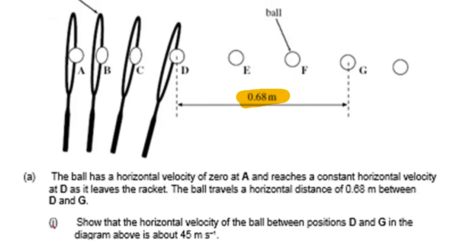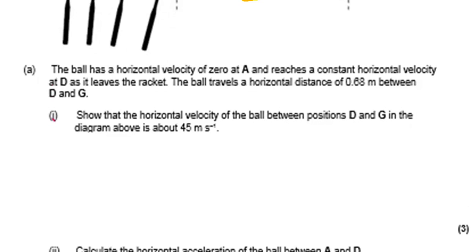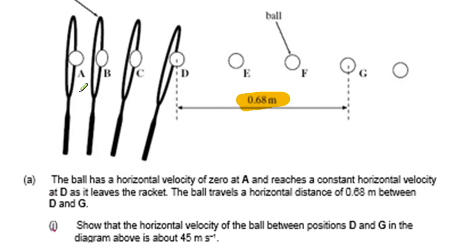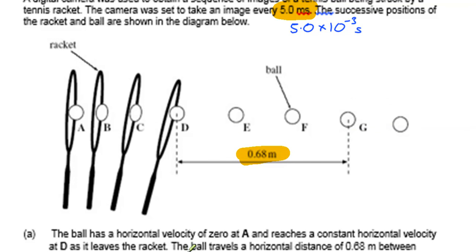Now, the first bit of the question is actually, in my opinion, very easy. They've said its velocity is 0 at A, it reaches constant velocity at D as it leaves the racket, and it travels a horizontal distance of 0.68 meters between there and there. Show that the horizontal velocity is about 45 meters a second. Well, this is not difficult because they've told you that there's 5 milliseconds between each of those places.